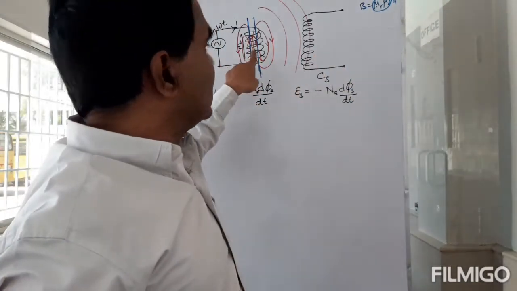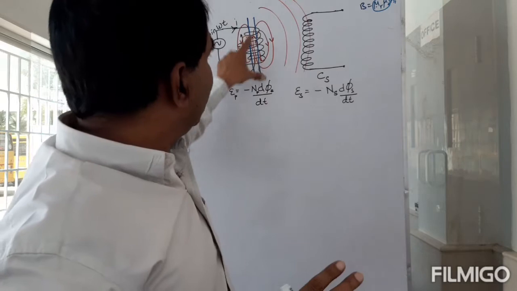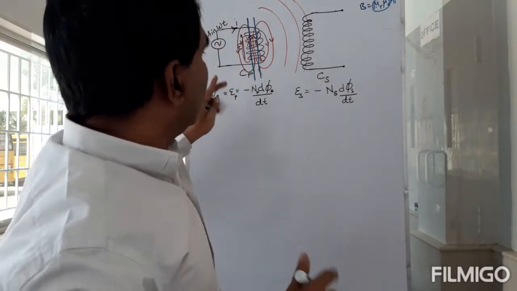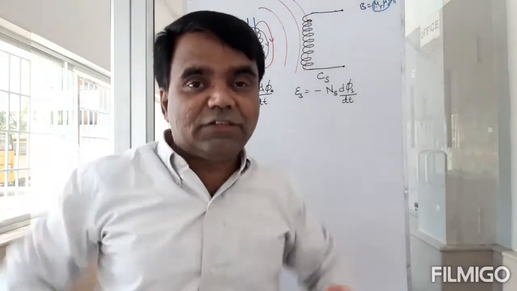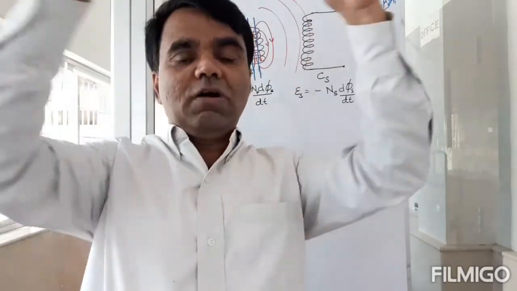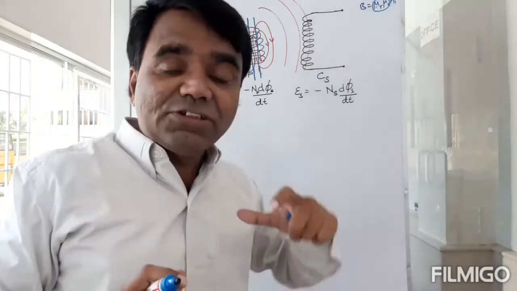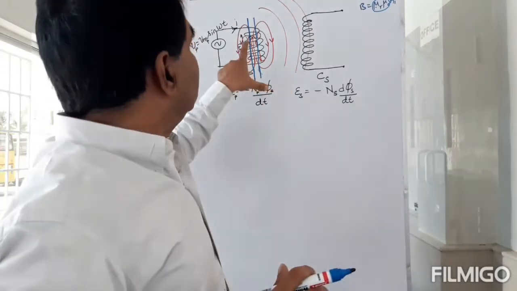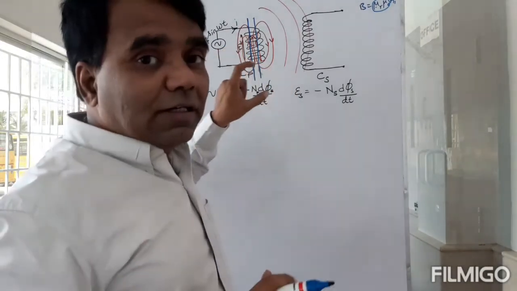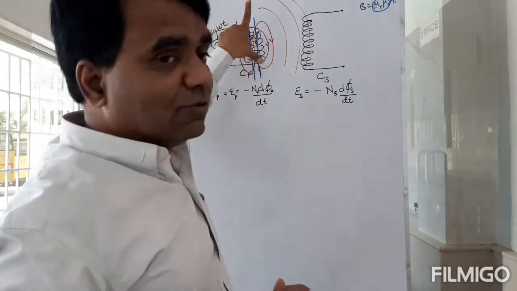So this does two things. One, by having a core, I provide a path for the flux to flow. All the flux will flow through that. And second, I am increasing the magnetic flux through the coil.